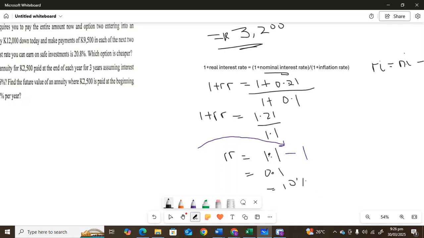This 21% we never accounted for inflation. When we account for inflation, the interest that we're getting in actuality is 10%. Any questions before I move further?